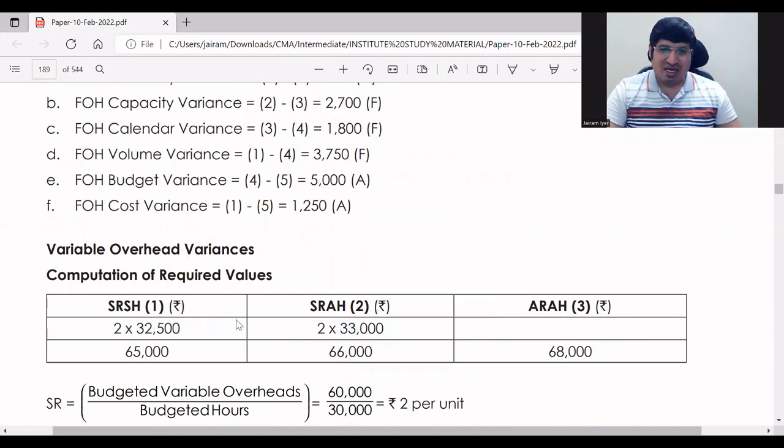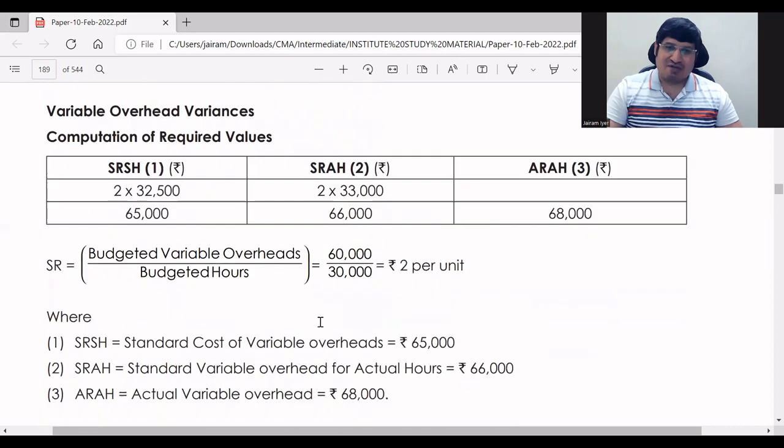You don't need extra effort, only have to calculate the rate, this 2, and it is ready-made variable overhead variance. Just remember: variable overhead cost variance, or total variable overhead variance, will be 1 minus 3. Efficiency will be 1 minus 2, budget will be 2 minus 3.